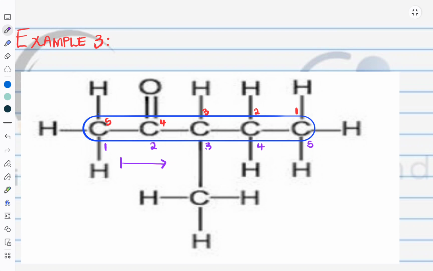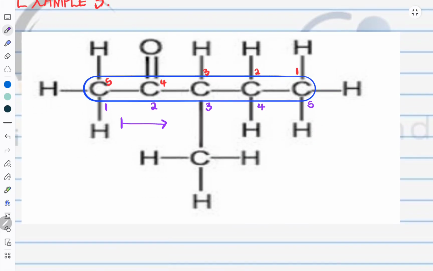It gives us the lowest location number, unlike numbering from right to left, which gives us location 4. Numbering from left to right gives us location 2, or carbon atom number 2. So we will choose to number from left going to the right.